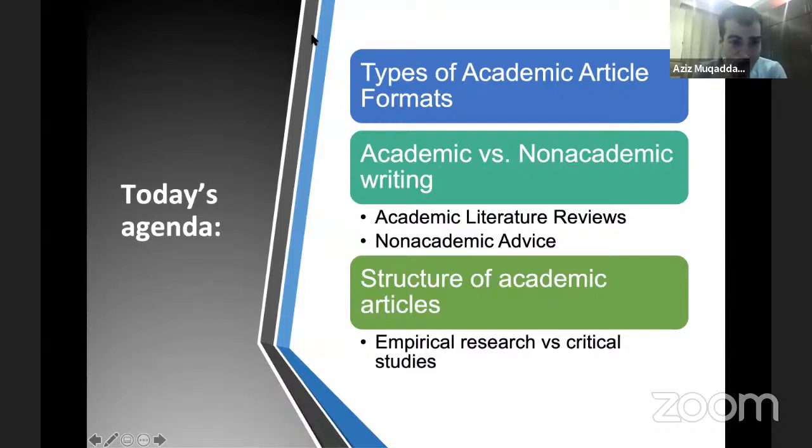Today's topic is mostly technical. I'm just explaining what academic research is, how it looks in real life, where you can access it, and how it's structured differently than regular articles.